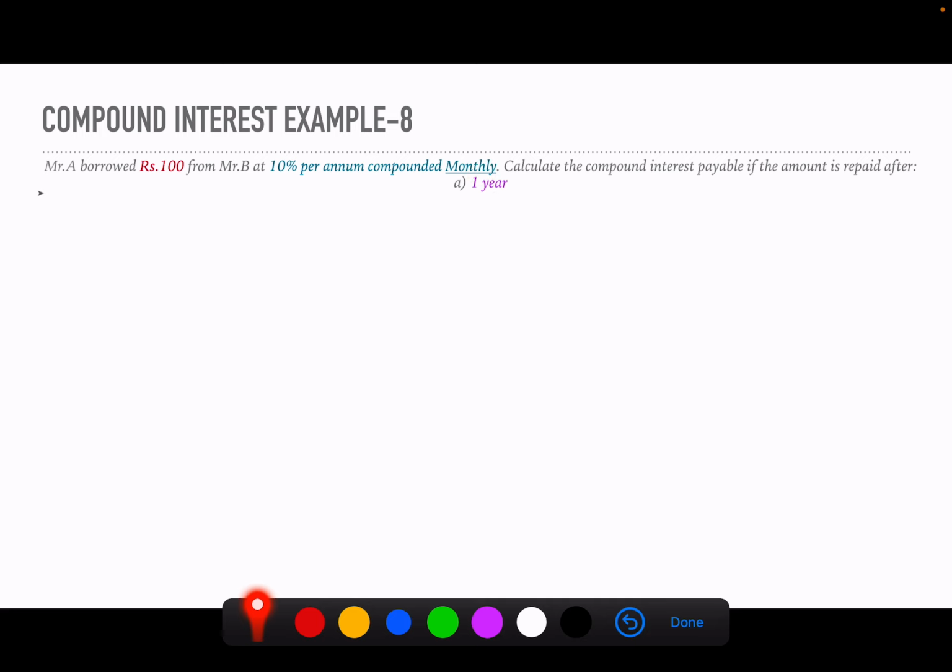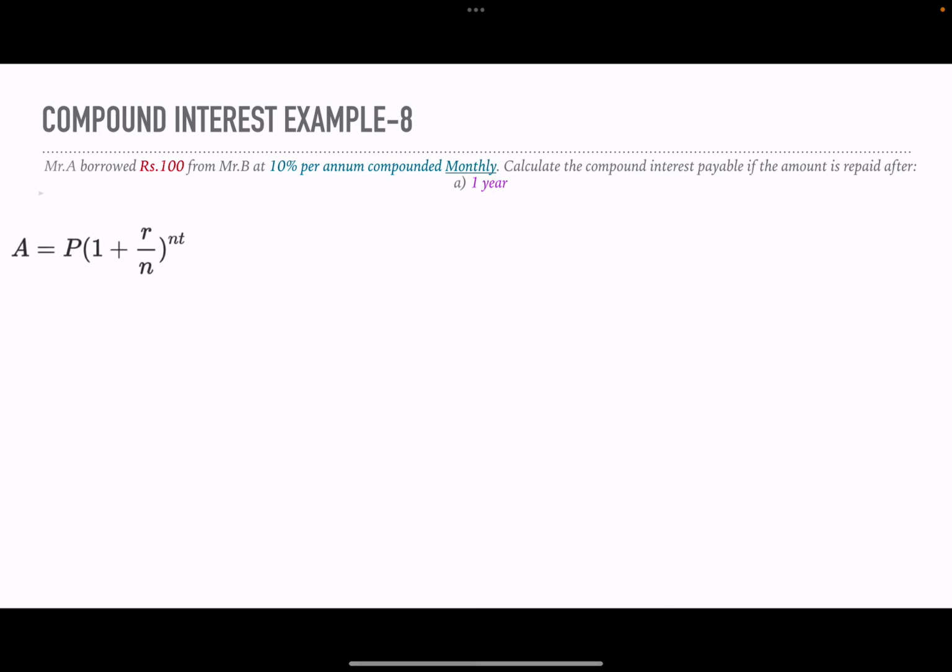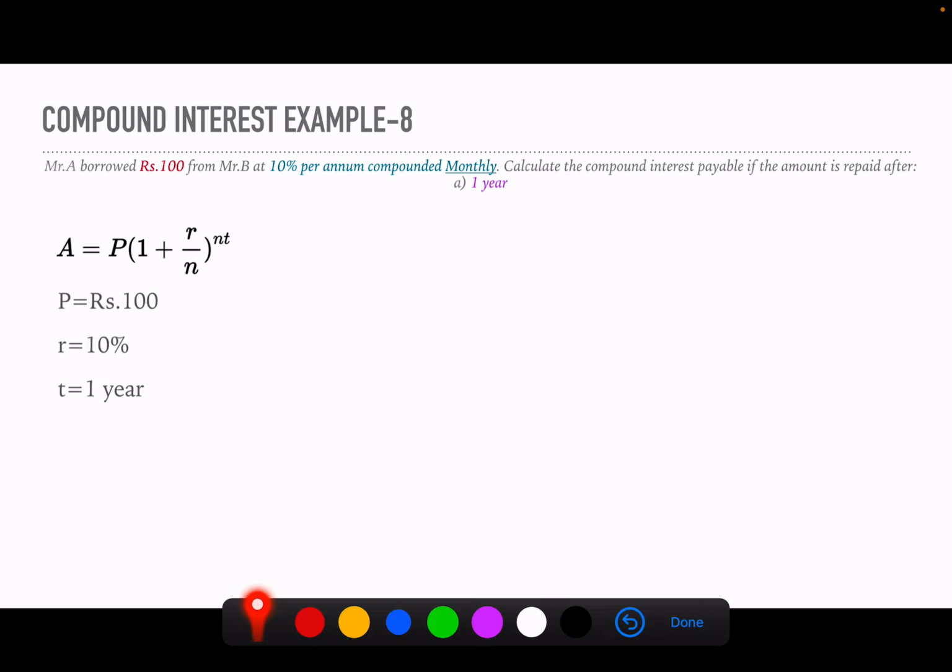Okay, again putting in the formula, all the facts remain the same except N. You have to be careful with N, because we have 12 months during a year and compounding occurs every month.